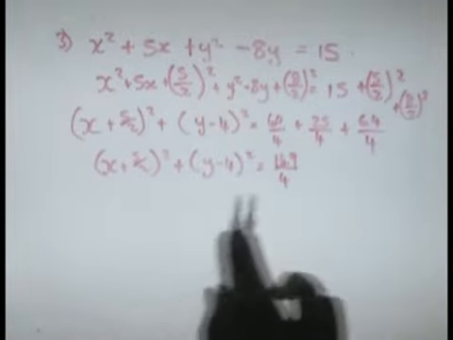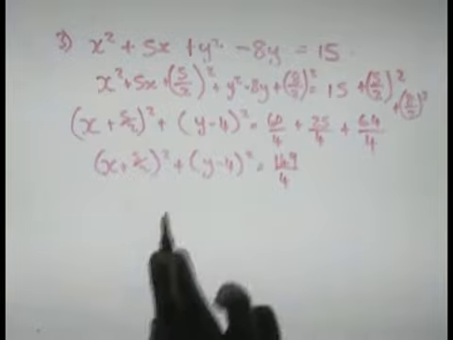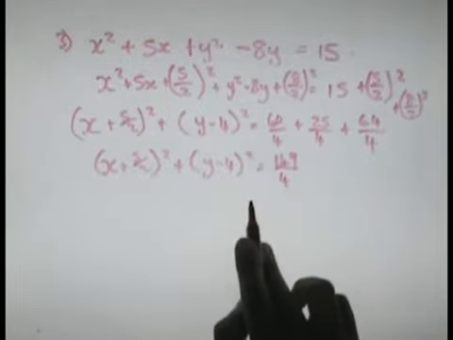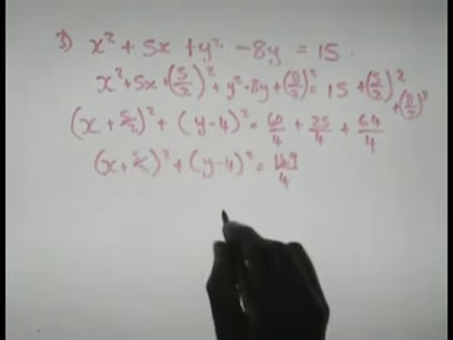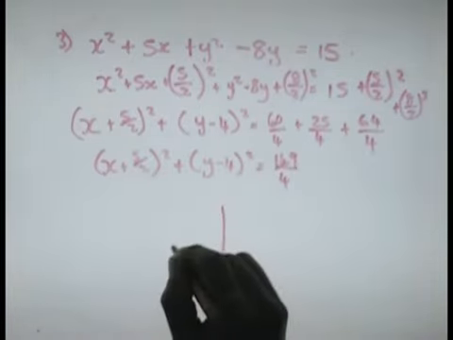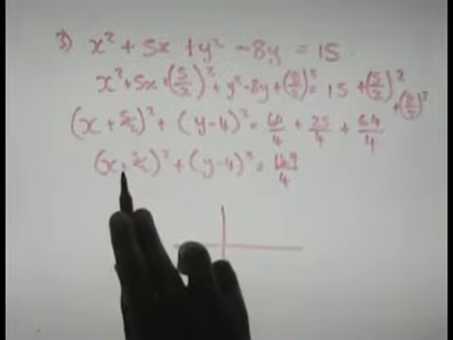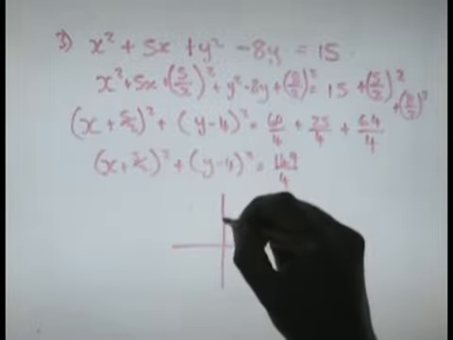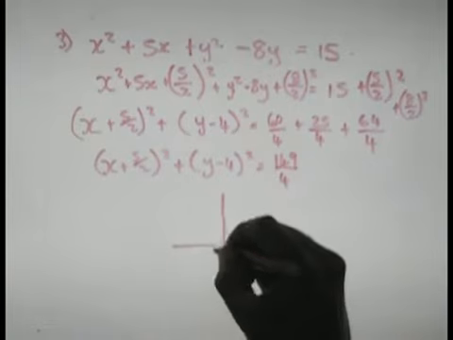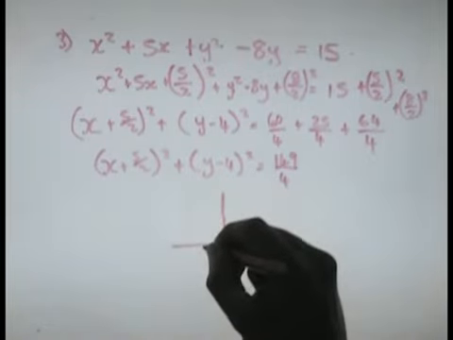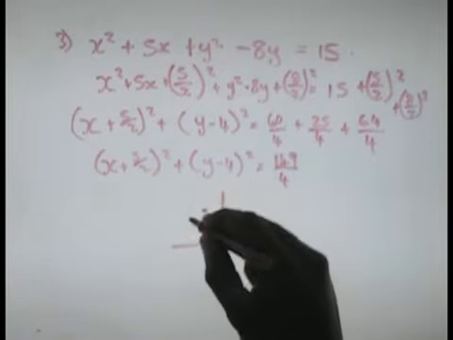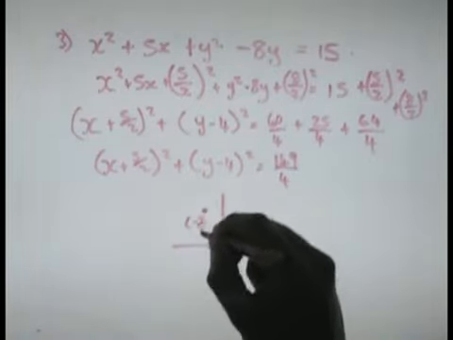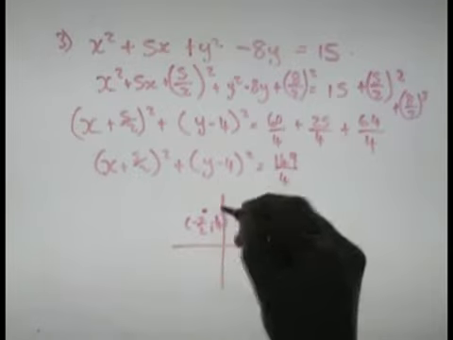Now I've got (x minus p) squared plus (y minus q) squared is equal to r squared. That means that my x value of the center of the circle is going to be negative 5 over 2, and my y value is positive 4, so that's going to come somewhere over there, negative 5 over 2 and positive 4.